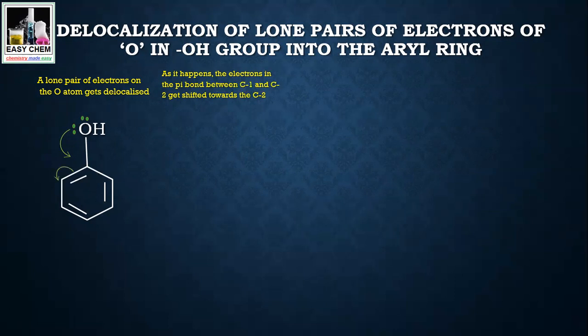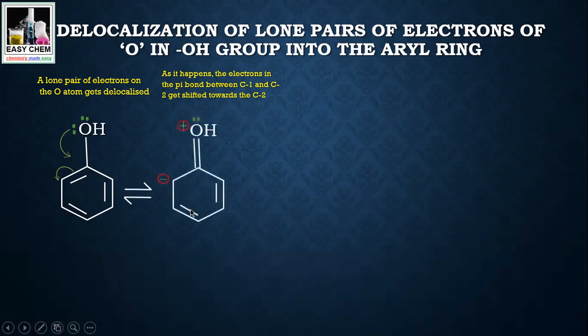Okay, that's it. Now what happens? When pi electrons come towards the second carbon atom, its electron density increases and it gets a negative charge. See the negative charge on the second carbon atom. The oxygen has got a positive charge, and there's a new double bond formed between oxygen and the ring.